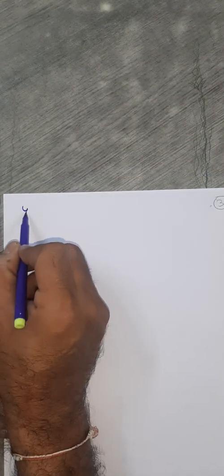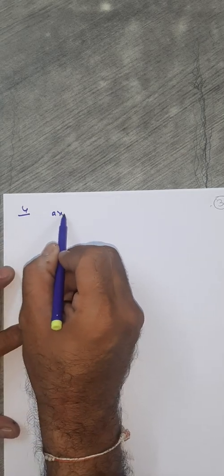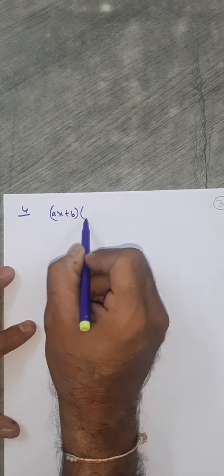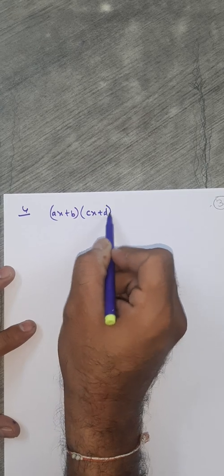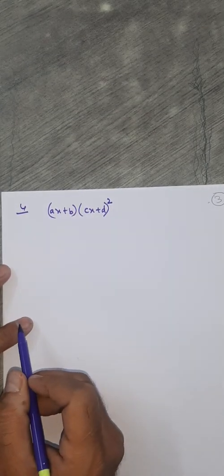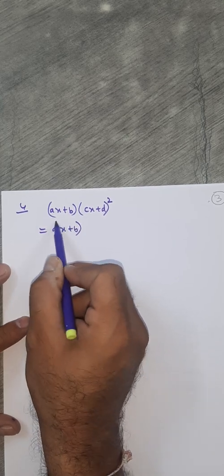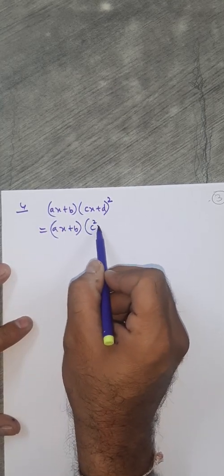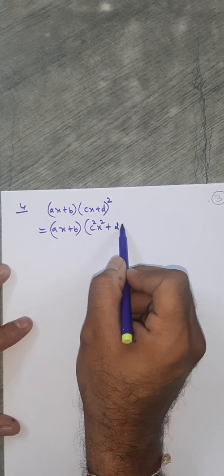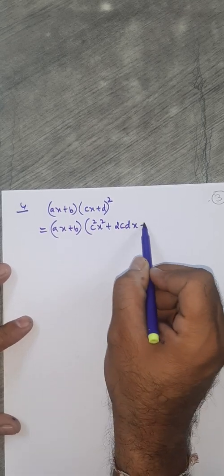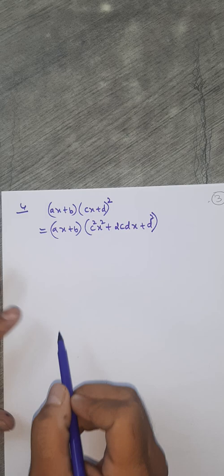Fourth one, there the function is (ax plus b) into (cx plus d) the whole square. Now for the whole square we don't have any formula. So before we differentiate it, we need to expand this: c squared x squared plus 2cdx plus d squared. Now there are two ways.